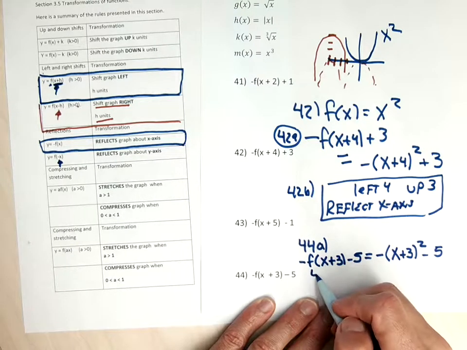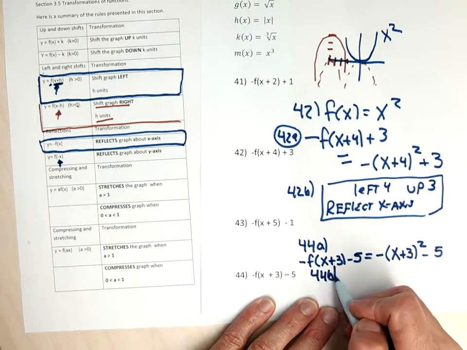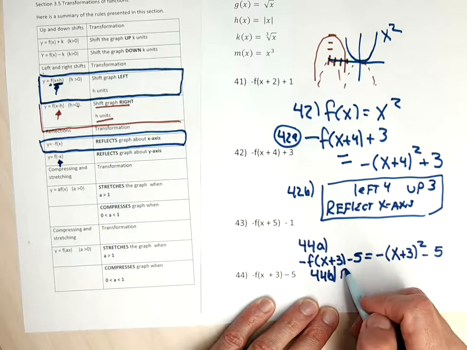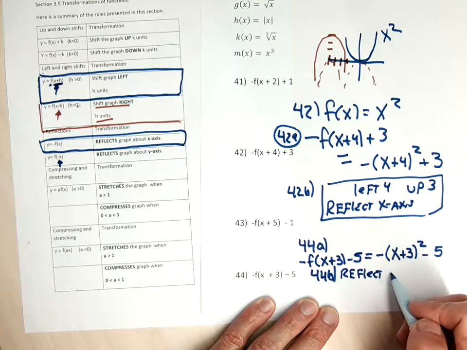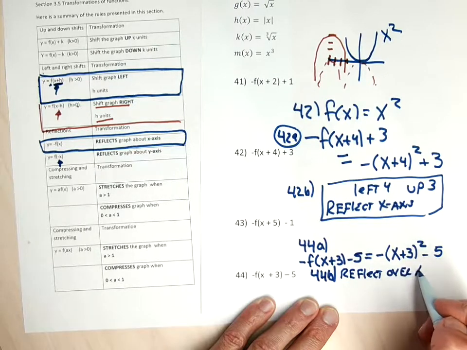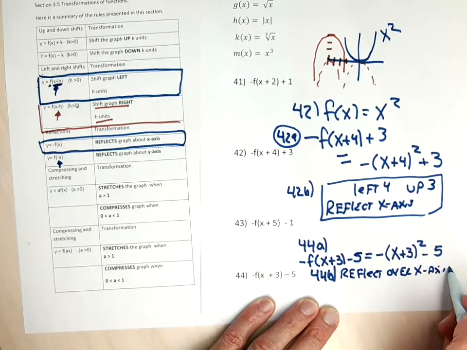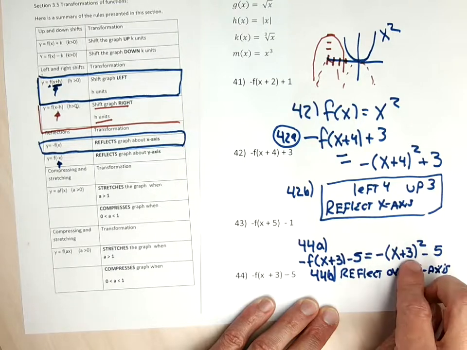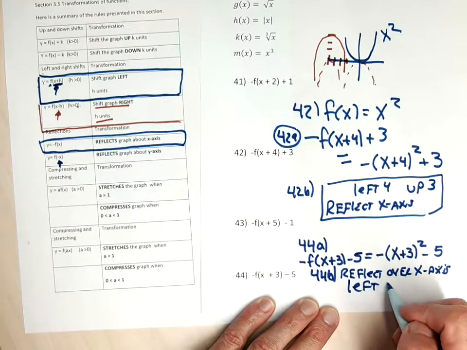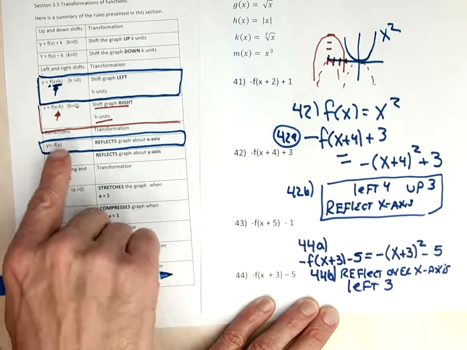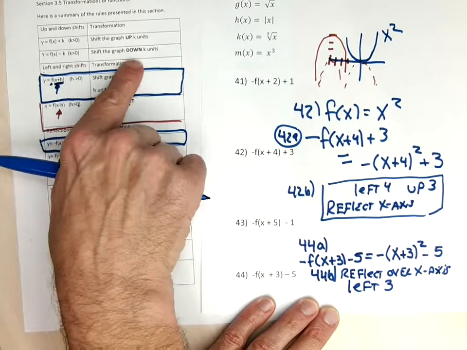For part B, the minus in front reflects it over the x-axis. You can write these in any order. The plus 3 inside the parentheses moves it left 3. And the minus 5 after the function moves it down 5.